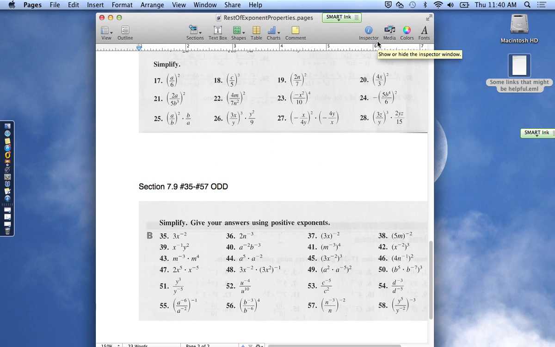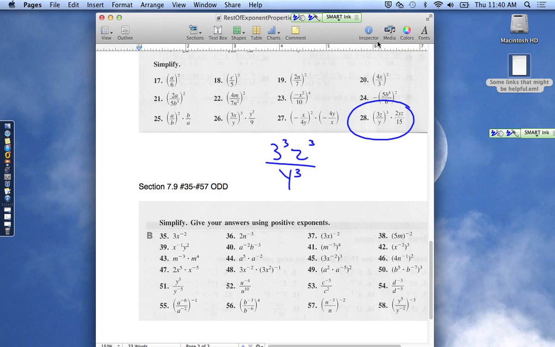And then a problem like number 28. Apply the cube to the first fraction first. So that gives me 3 cubed and z cubed and y cubed. So you can see each term in the numerator and the denominator takes the cube. And then I'm multiplying this by 2yz over 15.